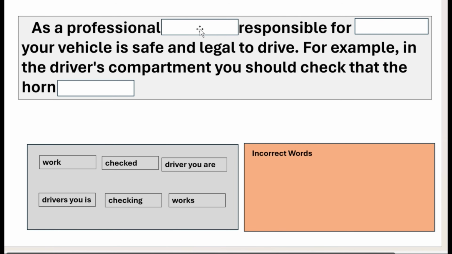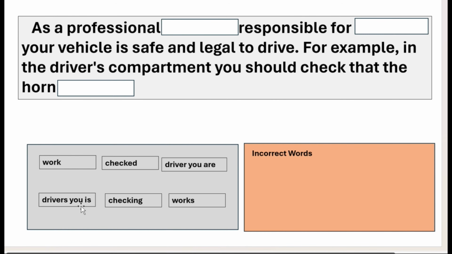It should be a profession. So driving is a profession. So we can see there is driver you are, drivers you is. If we say drivers you is, it doesn't make any sense.